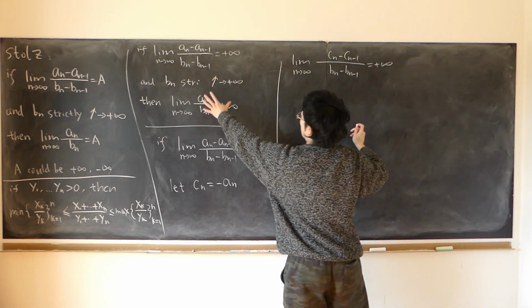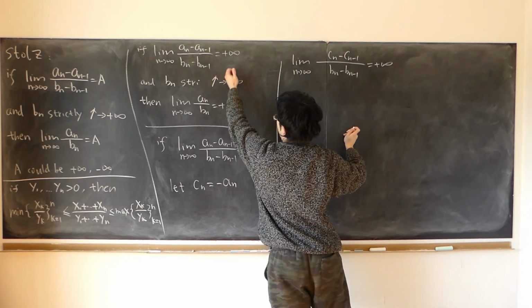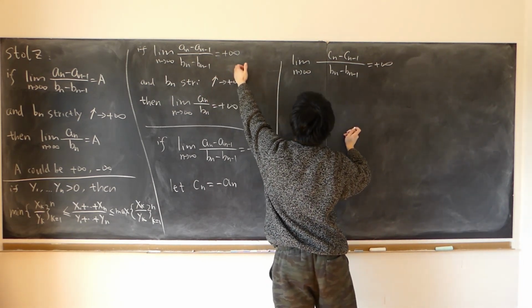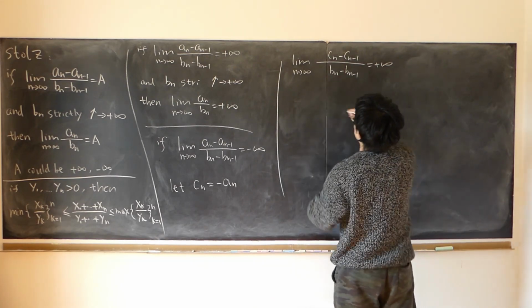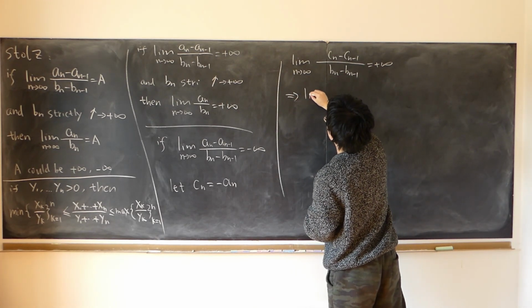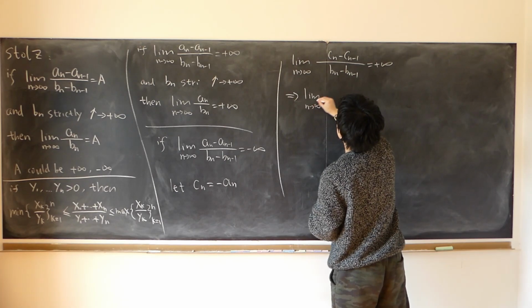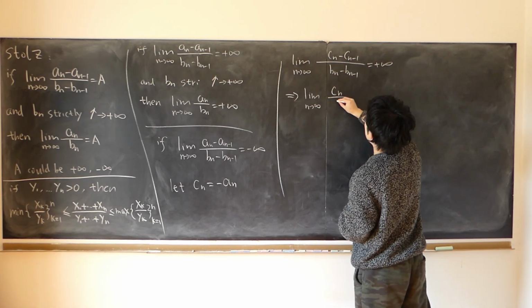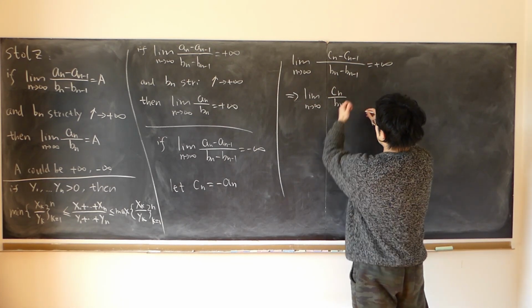Then, using our previously demonstrated fact that it's true for positive infinity, we easily state that the limit of Cn over bn is also the same limit.